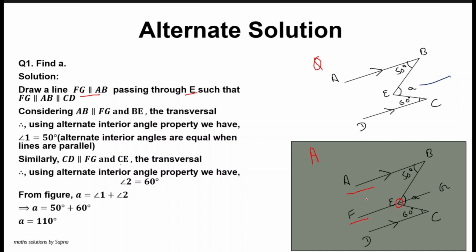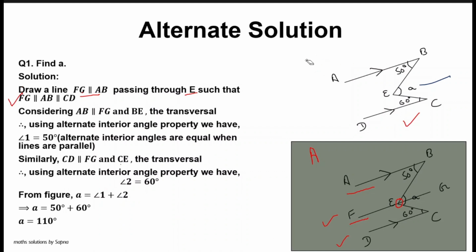Okay. Now, there were already arrows on line AB and CD. It means AB and CD were already parallel. Now I've drawn a line parallel to AB. So by default, it would be parallel to CD also. So that's why I've written FG parallel to AB, parallel to CD. I hope it's clear to you.